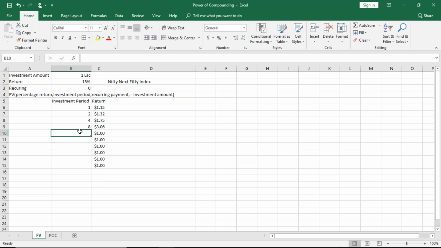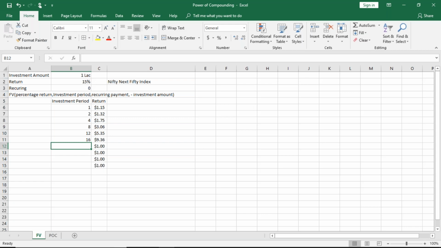If I keep the same amount for 12 years, it becomes 5.35 lakhs. If I keep it for 16 years, it becomes 9.36 lakhs, which is 9 times my actual investment. So if I keep my 1 lakh in the market for 16 years without touching it, it becomes 9 times the value.